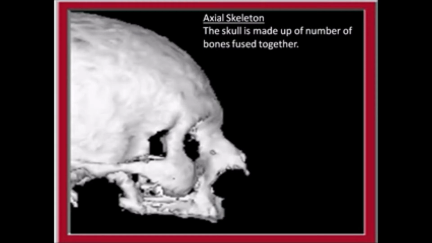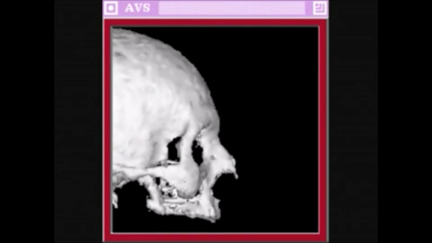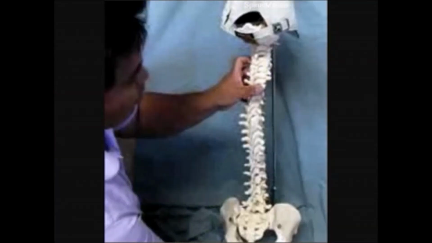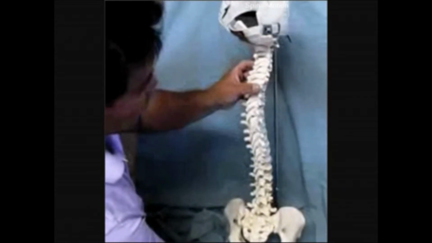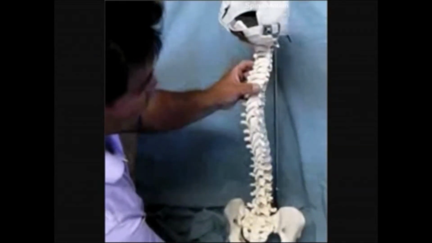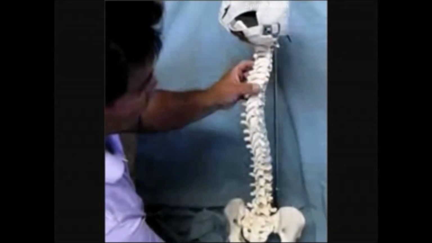In the axial skeleton, the skull is made up of a number of bones fused together. The backbone is composed of 33 separate vertebrae of different sizes and shapes, and each of them is composed of a centrum, the base portion, and a neural arch, which surrounds and protects the spinal cord.